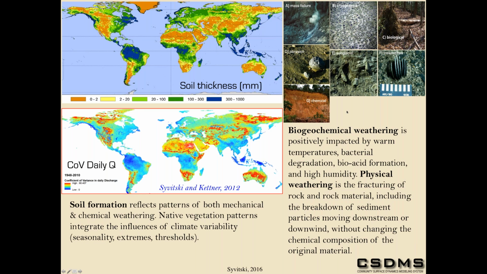And, you know, when you look at the two forms of weathering on Earth today, biogeochemical weathering and physical weathering, there is a fair amount of vegetation impact on the weathering processes themselves, particularly on the biogeochemical weathering.